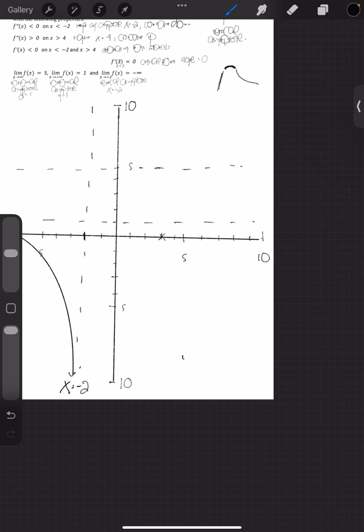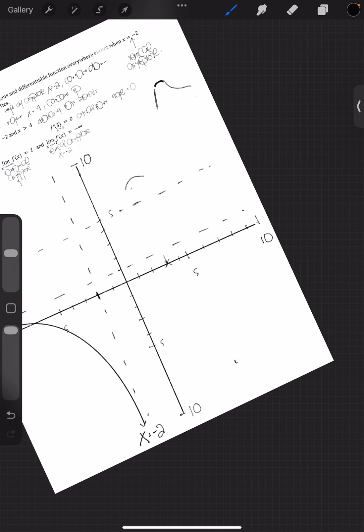Something like this. We can draw the point, I guess. If this is our zero, it will go like this.